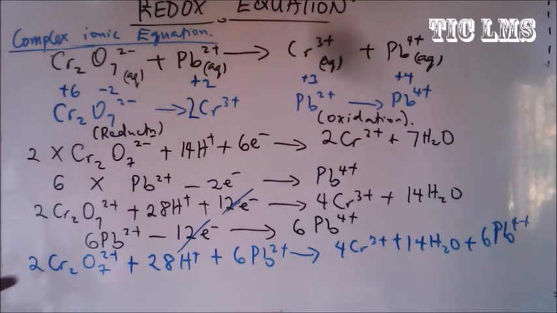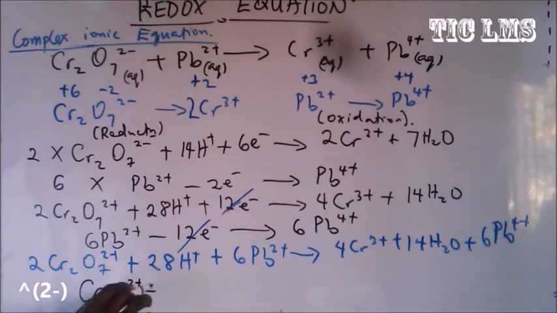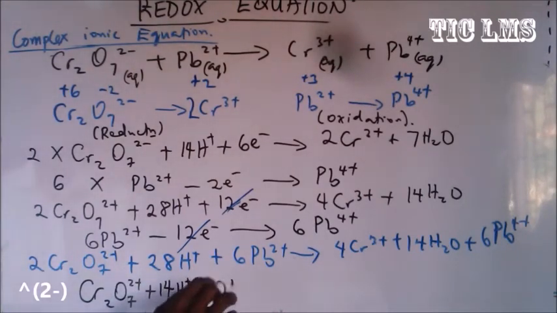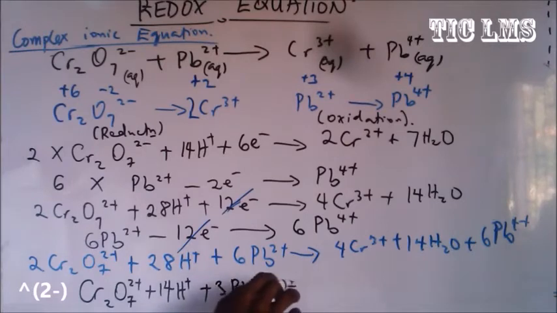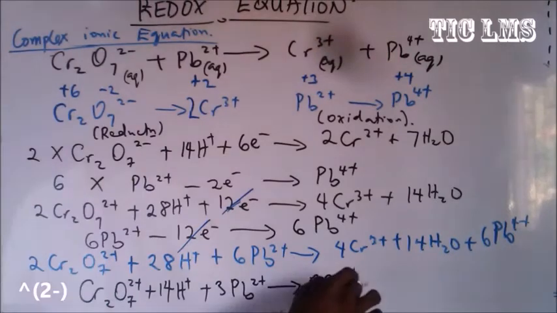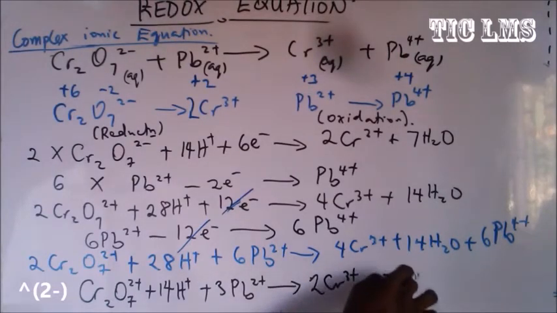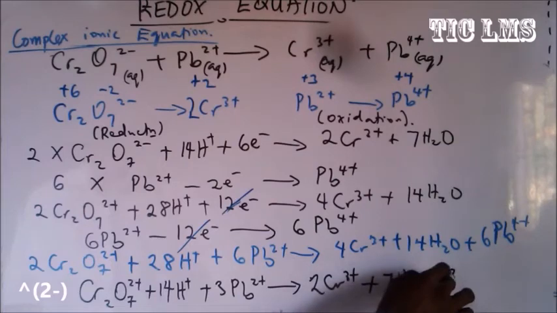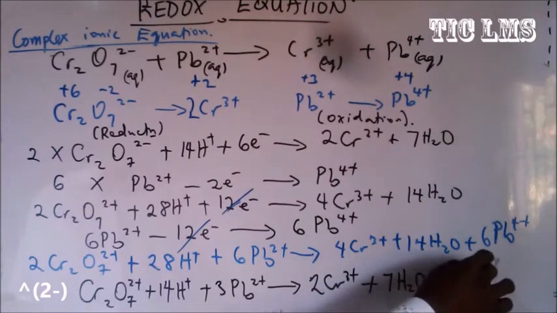But since we said there's a common factor there, we can divide each of the coefficients by 2. And when we divide by 2, we'll end up having Cr2O7 2 minus plus 14 H plus 6 divided by 2, that's 3 Pb2 plus, then to give 2 Cr3 plus 7 H2O plus 3 Pb4 plus.